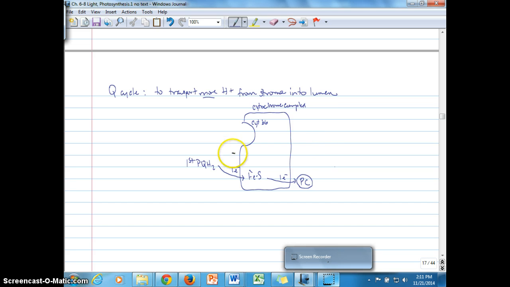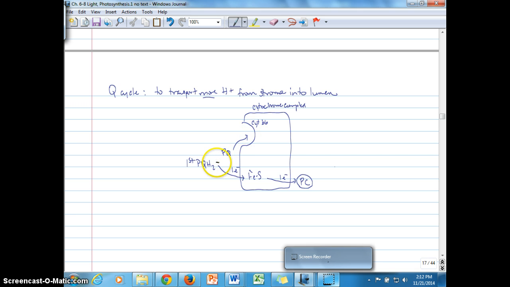All right, the second electron plus, okay, first of all, when this plastoquinone gets oxidized, it's now going to become a PQ, and is going to then sit up here in this cytochrome B6 site.